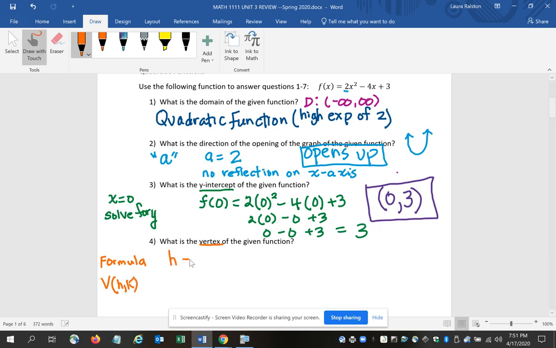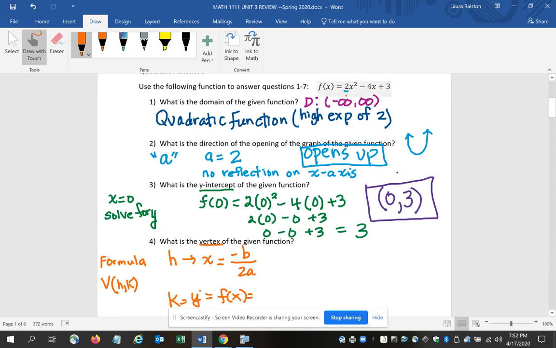The h corresponds to the x coordinate, which is found by doing the negative or the opposite of b over 2a. Then to find k, which is the y coordinate, we substitute x back into the original problem.